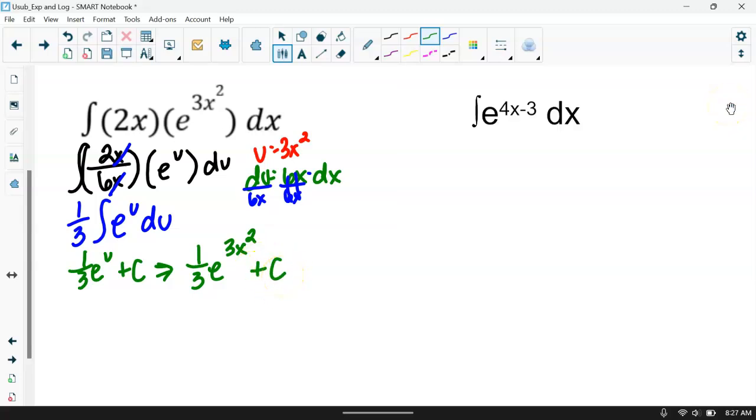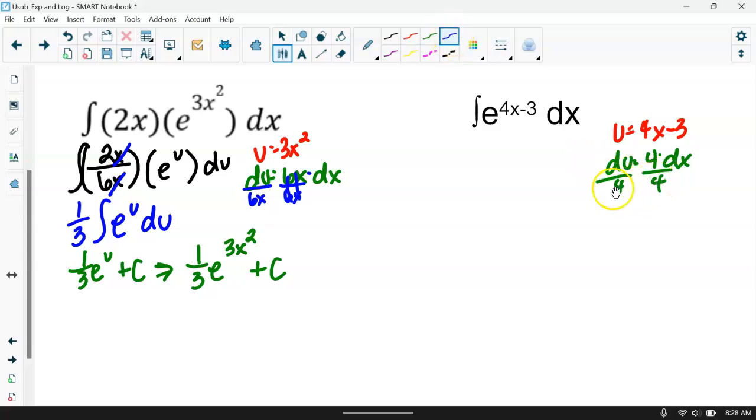So go ahead and pause the video and try this one on your own. And here we go. You should have identified u is 4x minus 3. The derivative is 4 dx, but you should have noticed you can't just do direct substitution. You had to solve for dx by dividing by 4.